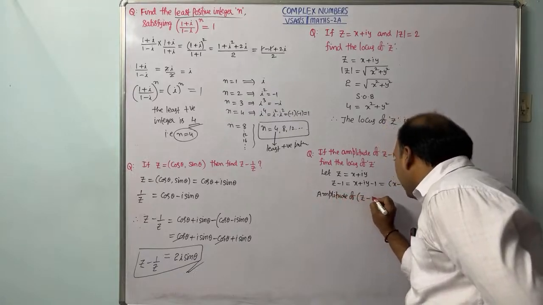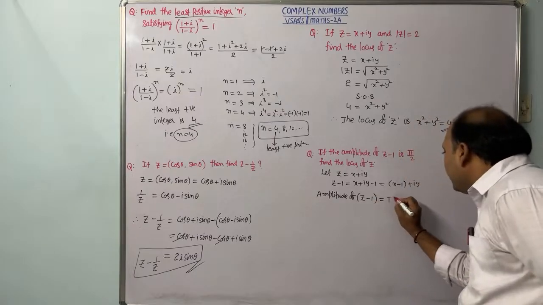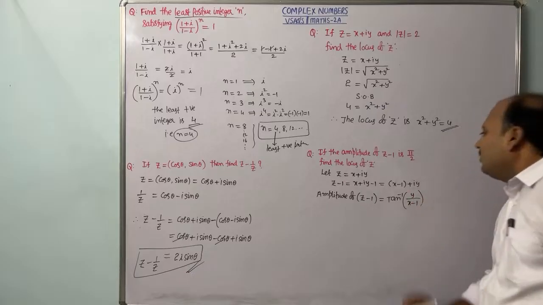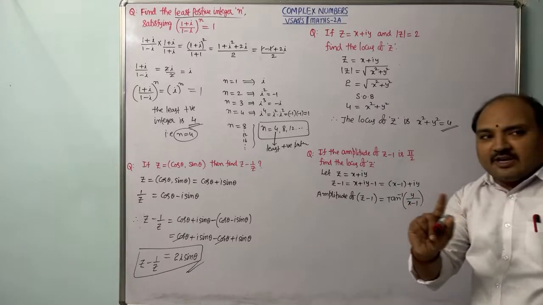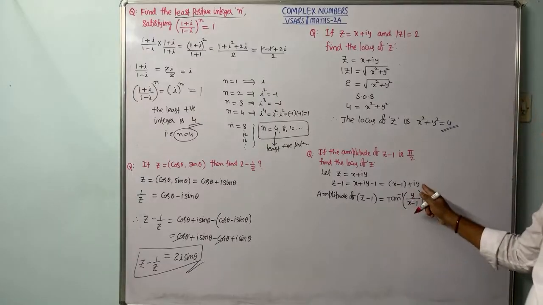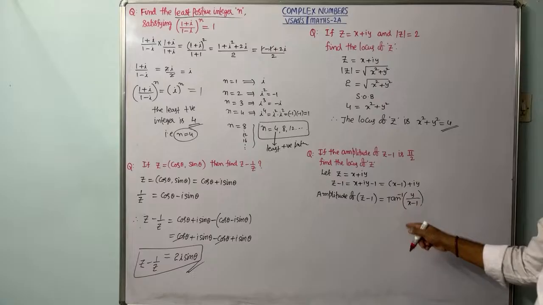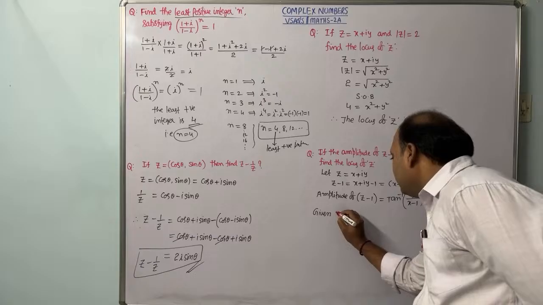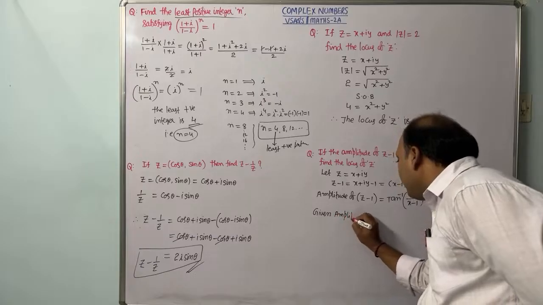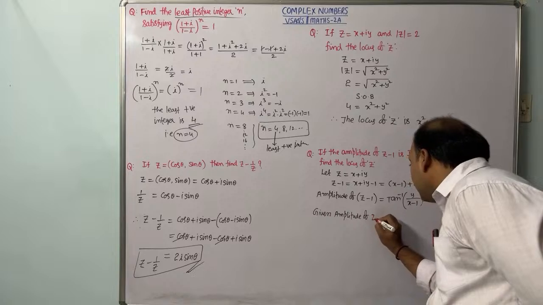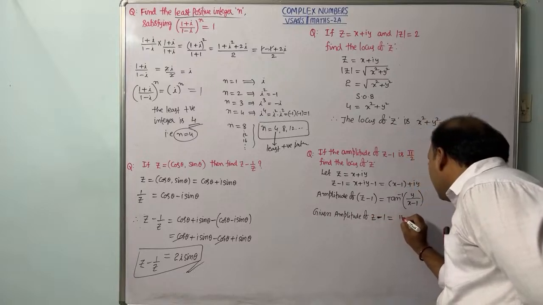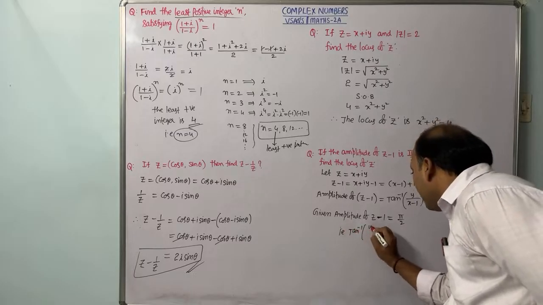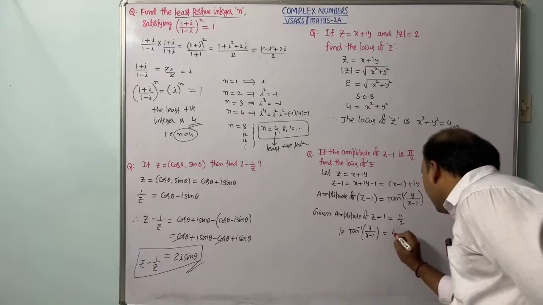Amplitude of z minus 1 is equal to tan inverse of y by (x minus 1). Amplitude of a complex number x plus iy is tan inverse of y by x, but in place of x, x minus 1 is there. So given amplitude of z minus 1 is equal to pi by 2, that is tan inverse of y by (x minus 1) is equal to pi by 2.